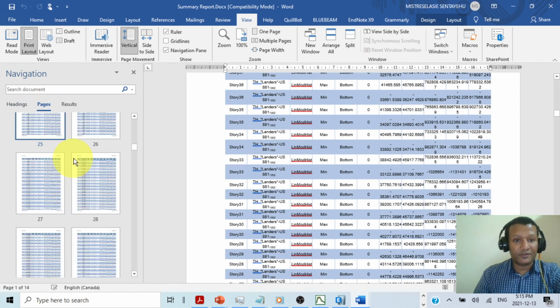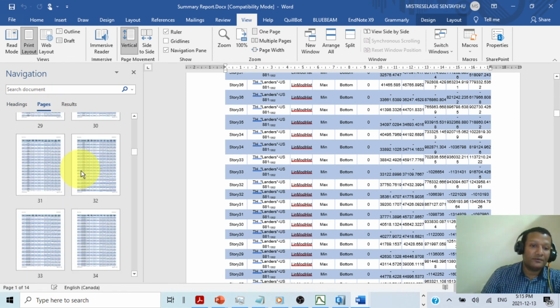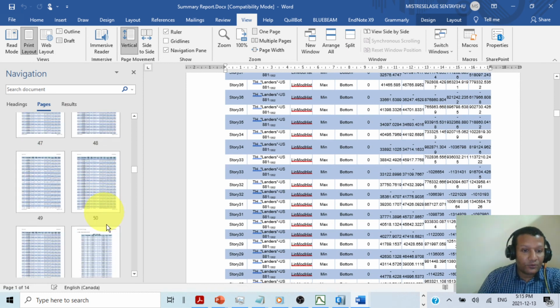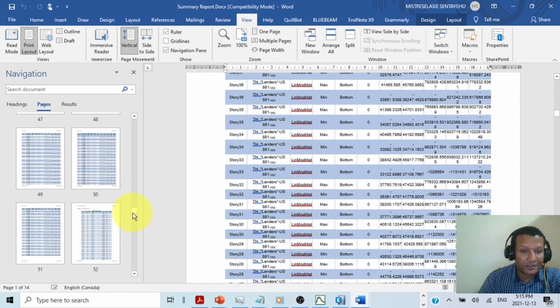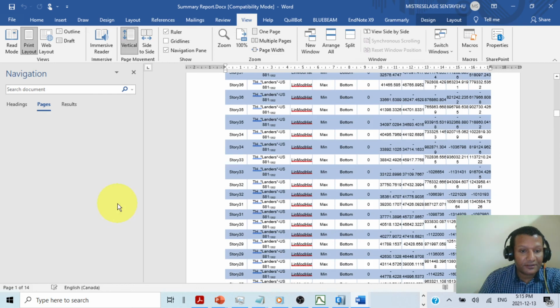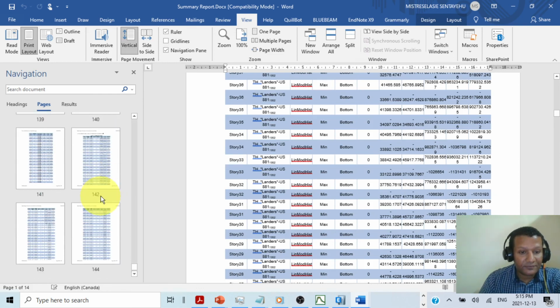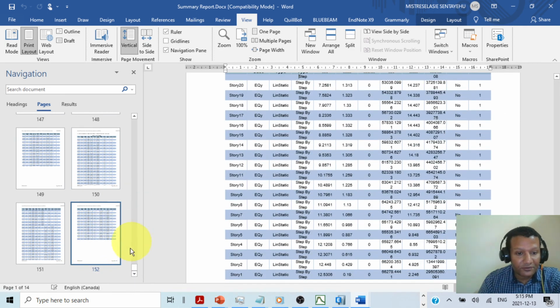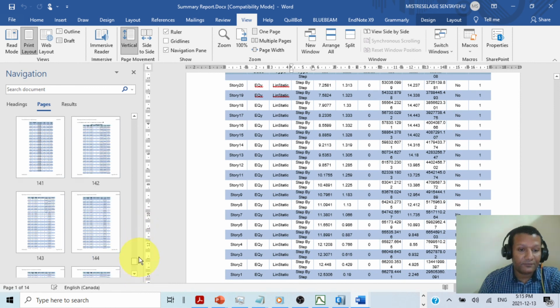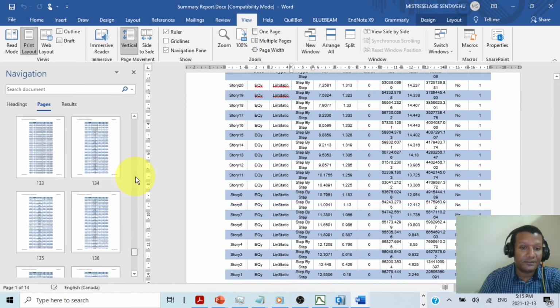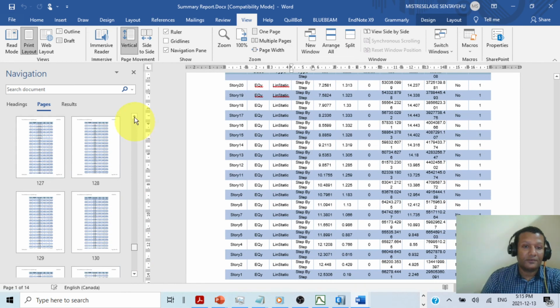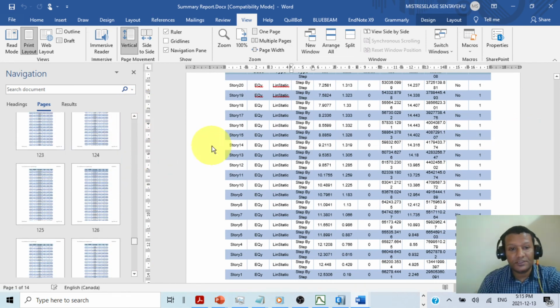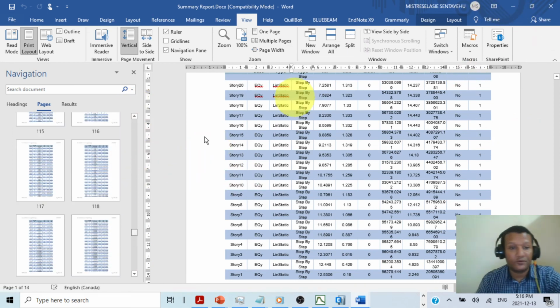Everything is completed already. Okay, this is how the report will be generated. As you can see, it's a huge report, around 152 pages. Okay, so this is the final I wanted to show you.